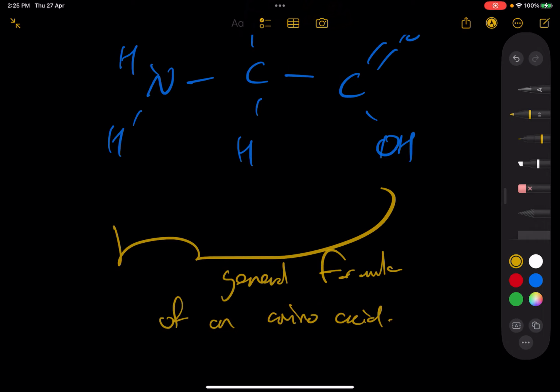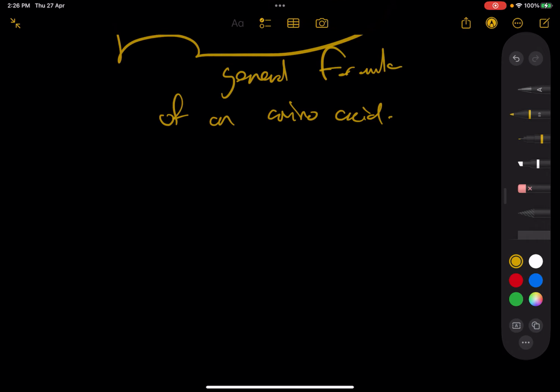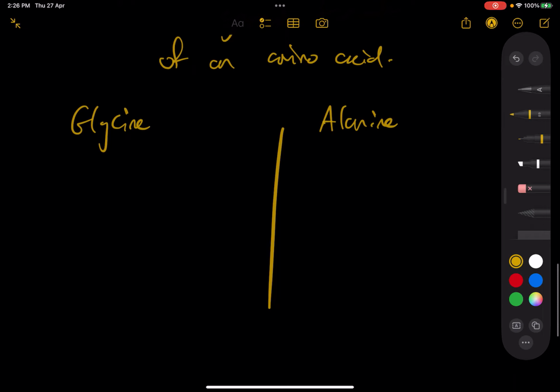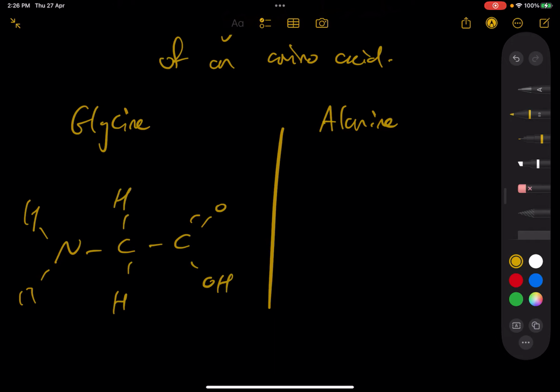Good. To get things going, we will draw the two very basic amino acids, glycine and alanine. They have this general formula with NH and C. Glycine just has an H, and it is the simplest amino acid.